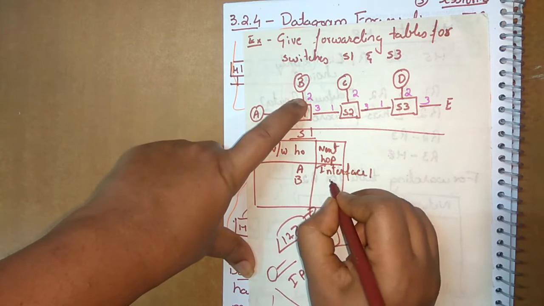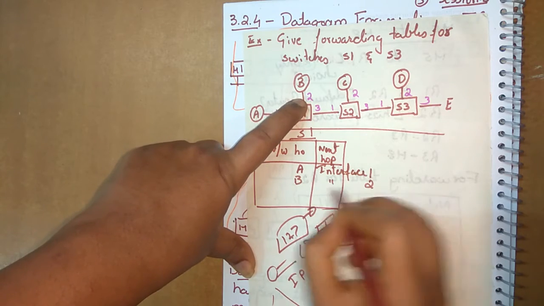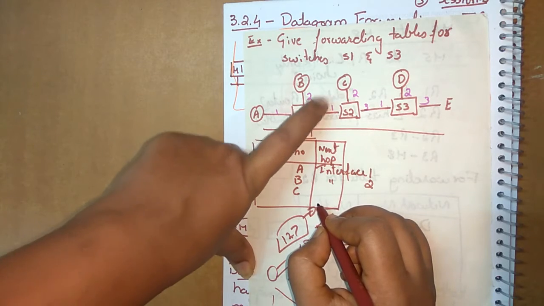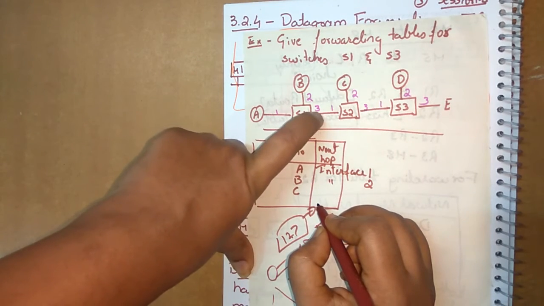B, interface 2. C, if it is directly connected, I can give it as interface 3.